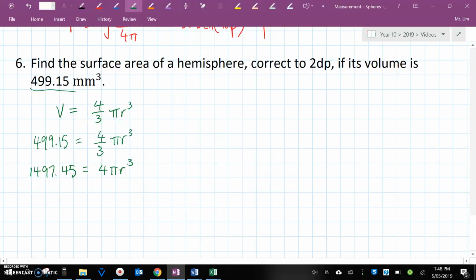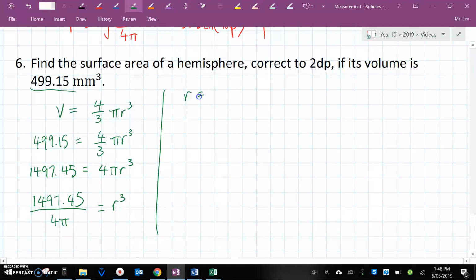I'm going to divide by 4 pi to get r cubed. And therefore, the radius will equal the cube root of 1497.45 over 4 pi. Okay, cube root because it says r cubed.